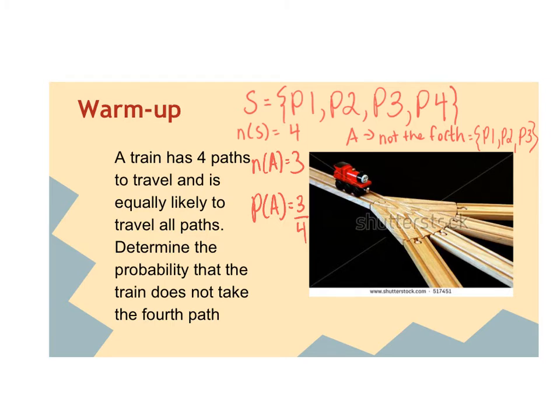Now, this idea of not the fourth path is written this way on purpose, so that you think about how you are visually imagining not the fourth path. What we're going to call this is the complement.